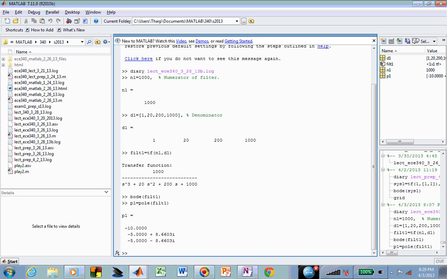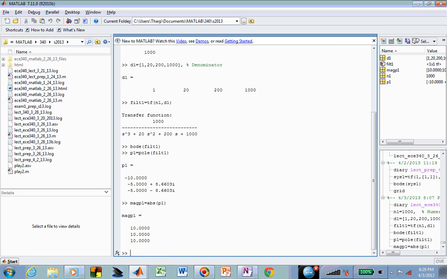If we weren't comfortable with that, we could ask for the magnitude of those poles, the absolute value of P1. Now we can see that indeed those complex and real pole values have a magnitude, or a distance from the origin, of 10. That gives us something we can feel good about.